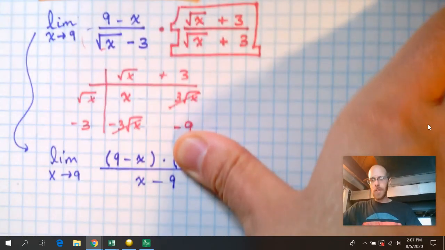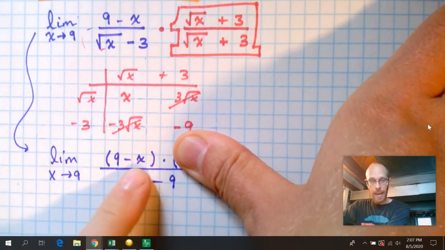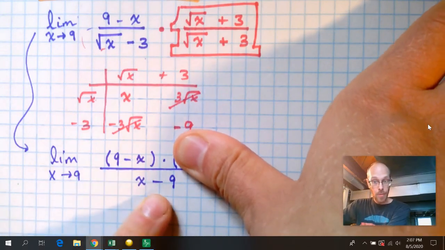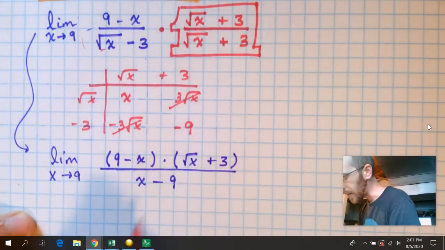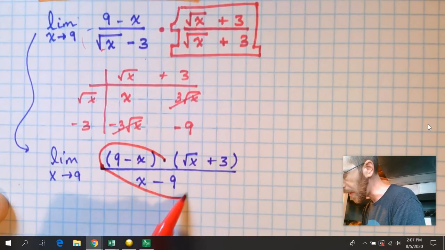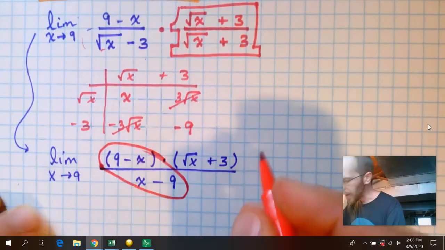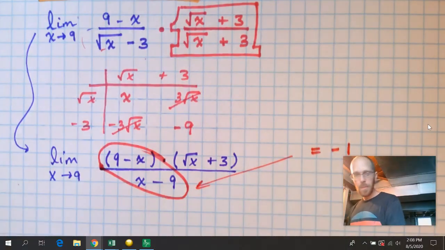Okay, give me another number. Any number. It doesn't matter what the number is. Let's suppose the number that you just shouted is 2. Now we would get 7 over negative 7, which is, guess what? Negative 1. So the moral of the story is that since this and this are opposites of each other, they are equal to negative 1.